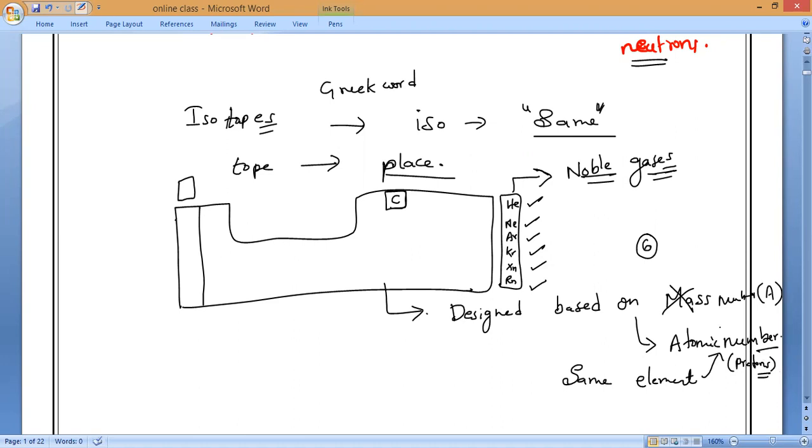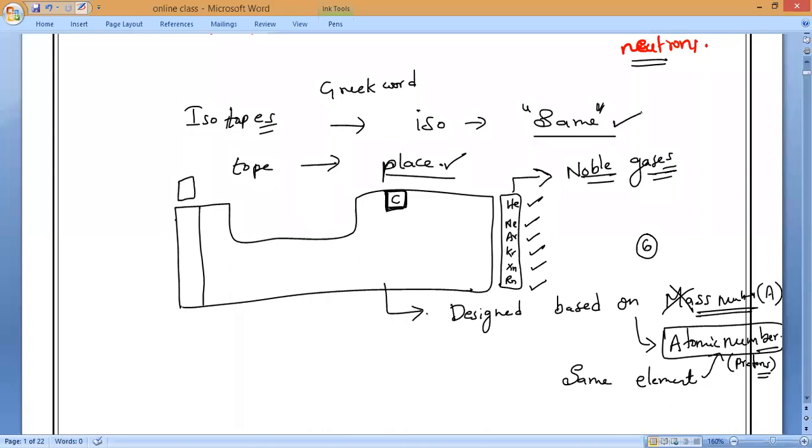So that is why, even though their mass number is not constant, all the isotopes are represented in a single place, the same place in the periodic table. Even though their mass number is different, what is constant? Atomic number. That is why they have been placed in the same place in the periodic table. So that is the meaning of isotopes.